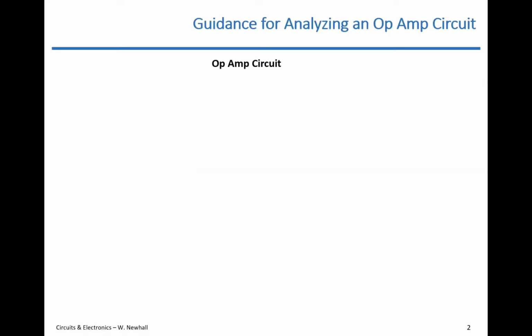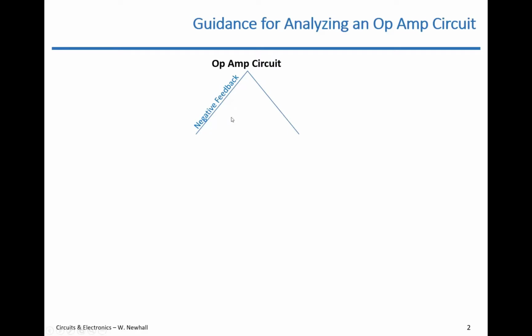Now, in analyzing an op amp circuit, here's some guidance. This is how, when you look at a circuit, you would decide how to analyze it. So here's the decision tree. Let's suppose you have an op amp circuit. You're going to decide whether the circuit has negative feedback or not.